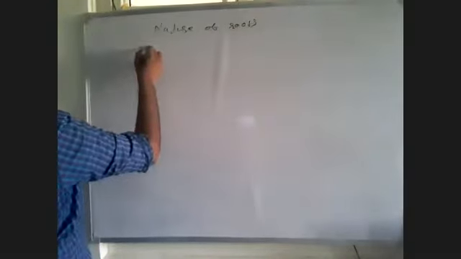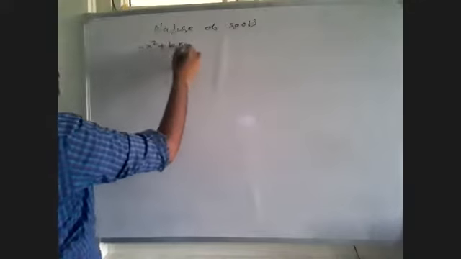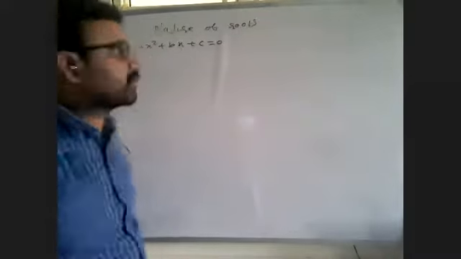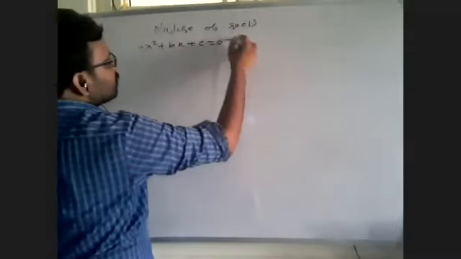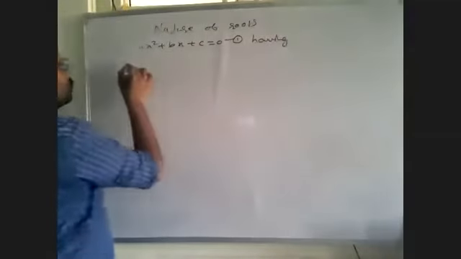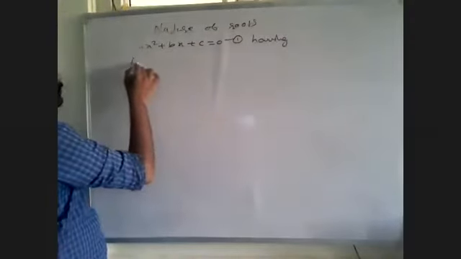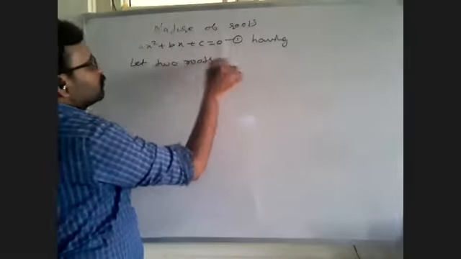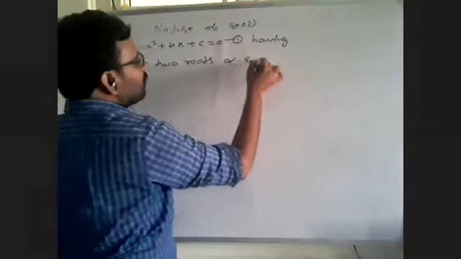Let ax square plus bx plus c is equal to 0 be a quadratic equation. This has two roots, let the two roots be alpha and beta.